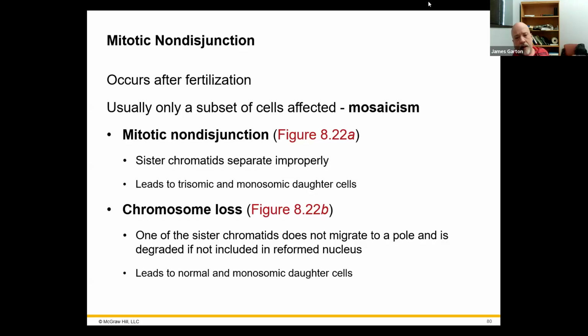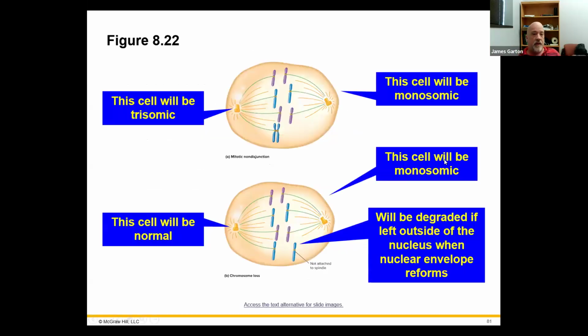Anyway, chromosome loss can also result in cells that can be normal or monosomal. In mitotic non-disjunction, you have the sister chromatids that fail to separate. And so one cell is trisomic and one cell is monosomic. And that is usually a lethality.